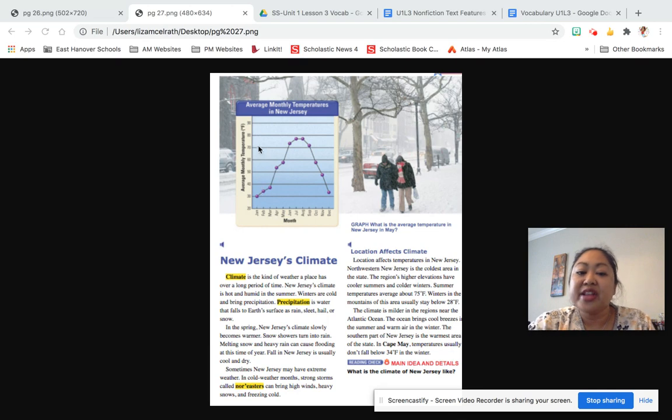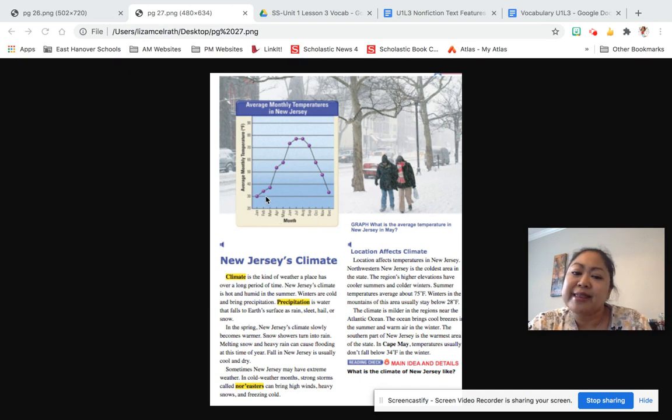Okay, on the left-hand side, it says here, average monthly temperatures. And then it says in degrees Fahrenheit. That's the measure that we use to measure our temperature. And on the bottom of this graph, it says month. And it has the months January, February, March, April, May, June, July, August, September, October, November, and December.